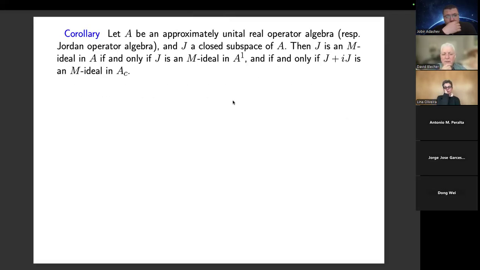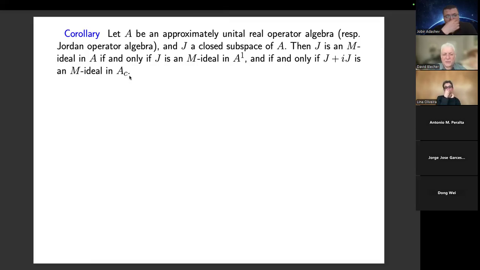So a corollary is if you have an approximately unital real operator algebra or Jordan algebra A and a closed subspace J, then J is an M ideal of A if and only if J is an M ideal in the unitization, and if and only if J plus iJ is an M ideal in the complexification.